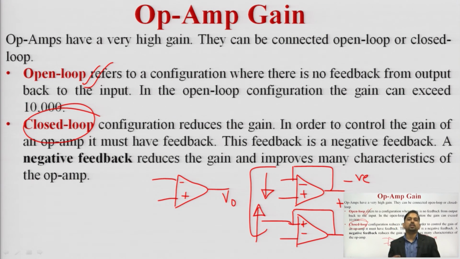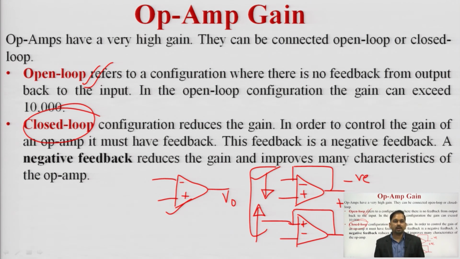If the gain increases, then the circuit will become highly unstable. So, positive feedback is used in oscillators, and the open loop configuration is used somewhere in comparators.